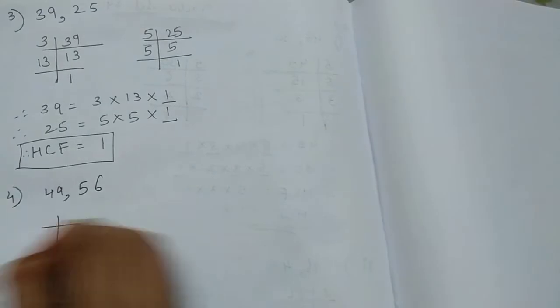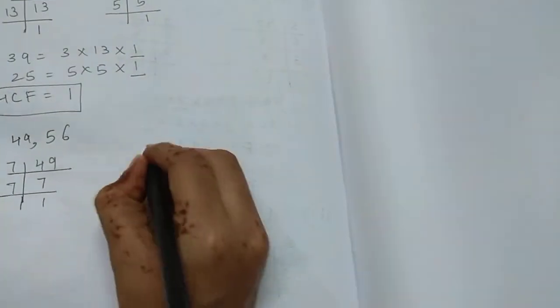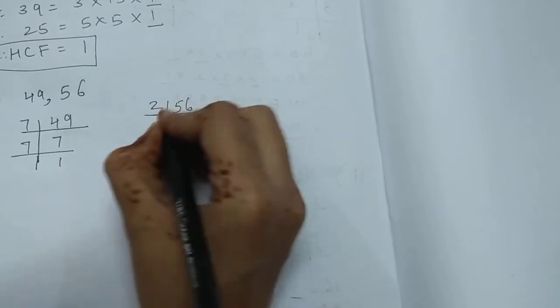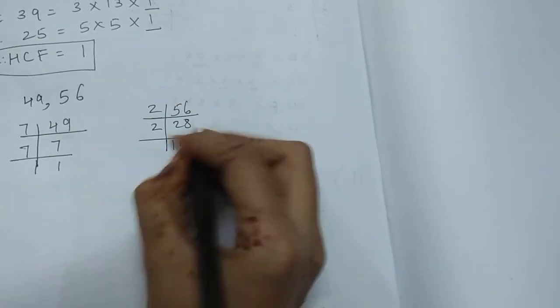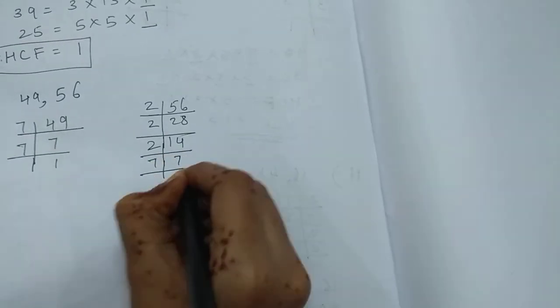Fourth sum, 49 and 56. So 49: 7 7s are, 7 1s are. Now 56: 2 28s are, 2 14s are, 2 7s are, and 7 1s are.